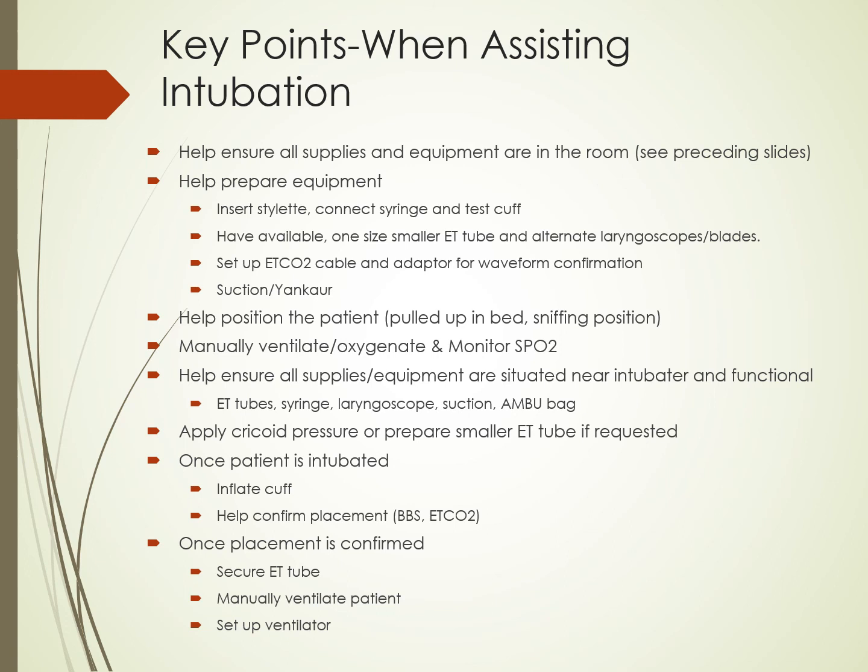Remember, it does not have cartilaginous rings, so the point is to close that off, because the trachea does have cartilaginous rings, to help prevent regurgitation. What they found is it also can be helpful in visualizing the glottis. So cricoid pressure, once the patient's intubated, inflating the cuff, helping confirm placement, securing the tube, manually ventilating the patient, setting up the ventilator. Lions and tigers and bears, oh my.